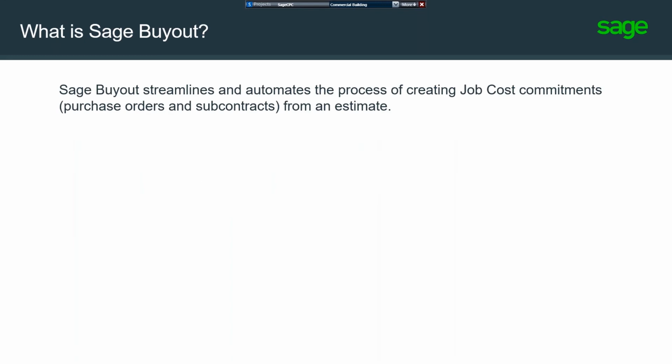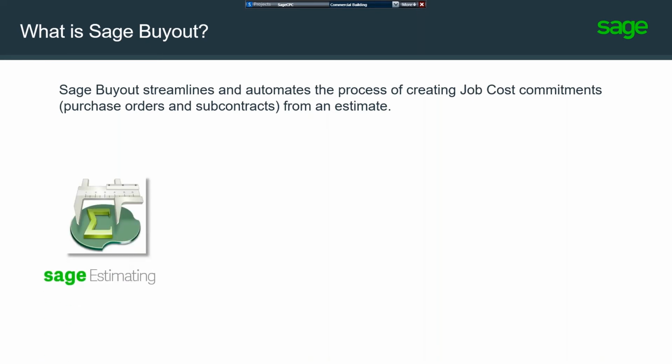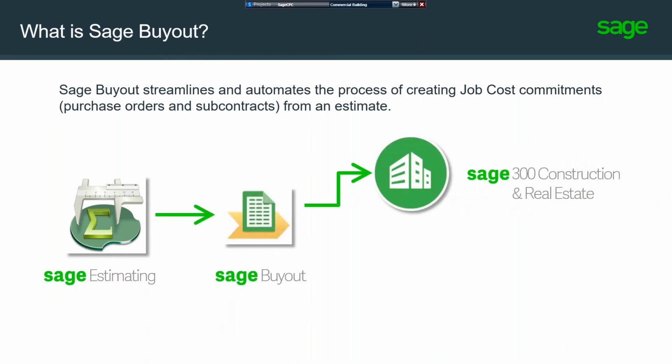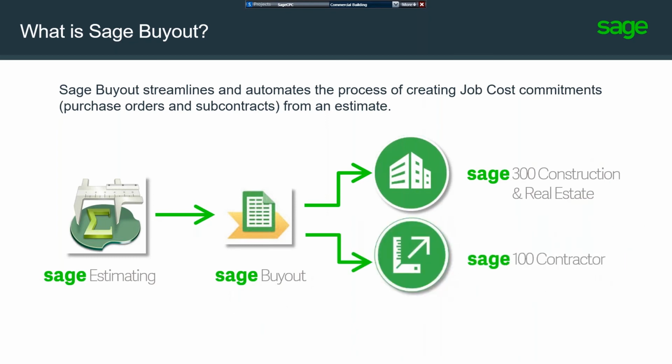So Sage Buyout is a product that streamlines and automates the process of creating job cost commitments, both purchase orders and subcontracts, from an estimate. So we're going to start with Sage Estimating, obviously. We are going to go to Sage Buyout, and from there, we can go into Sage 300 Construction and Real Estate, Sage 100 Contractor, or other ERP systems.